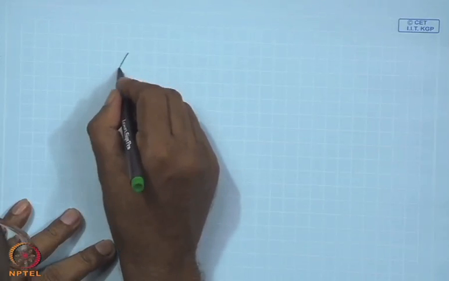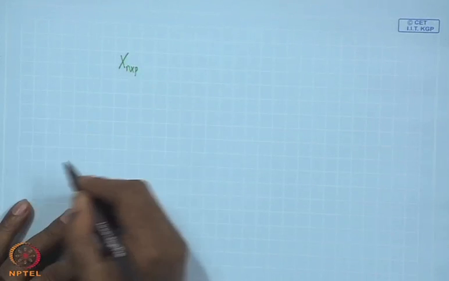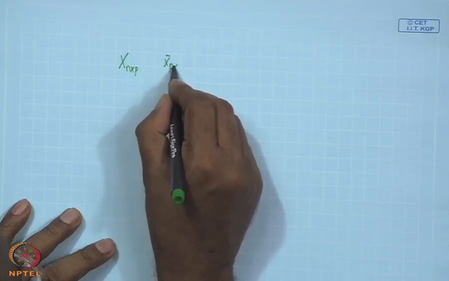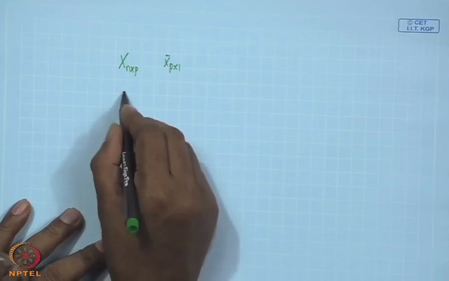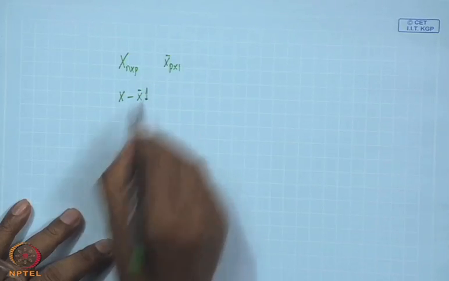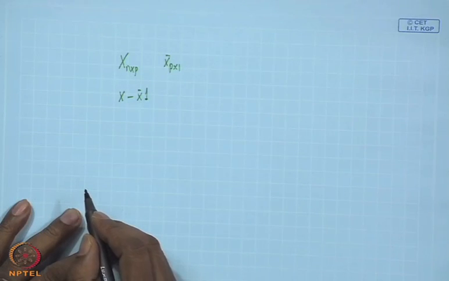What have you used? If your X is n cross p and your X bar is p cross 1, you have created X minus X bar, you also multiplied by 1, to make it n cross 1.